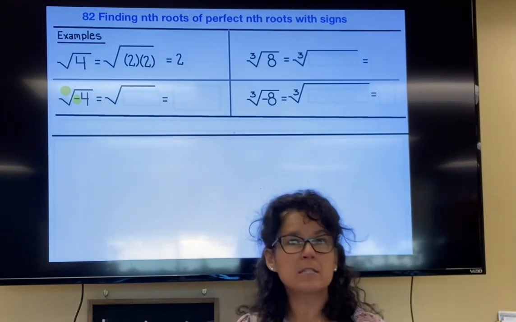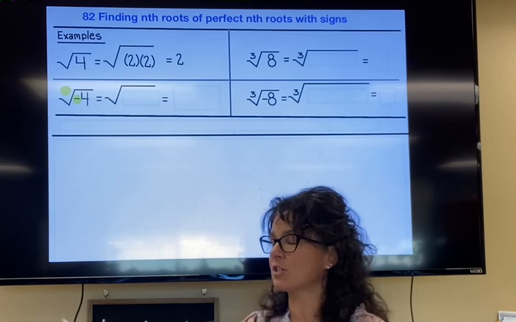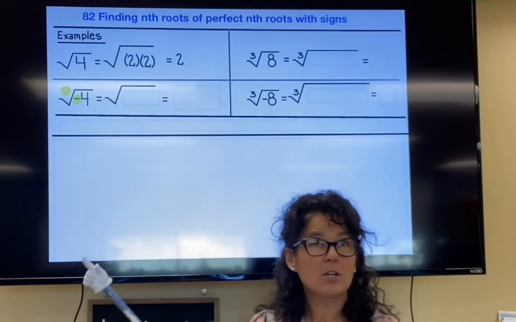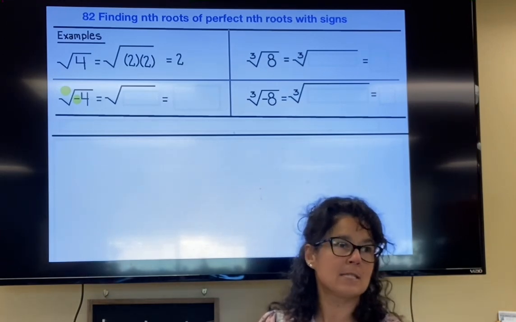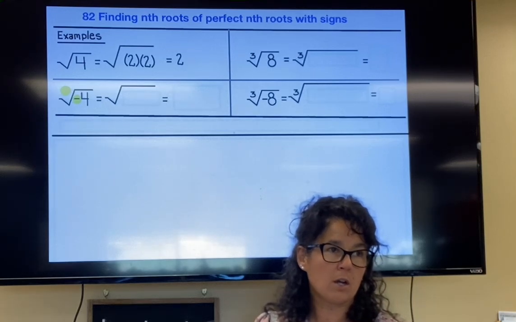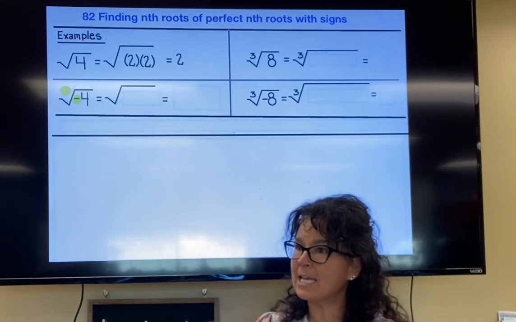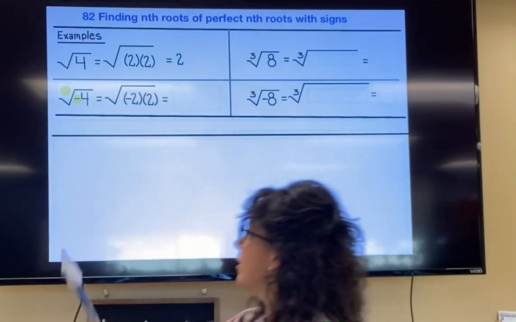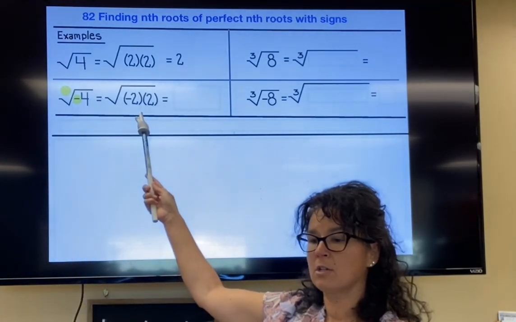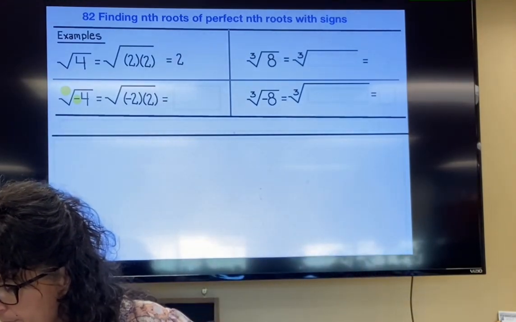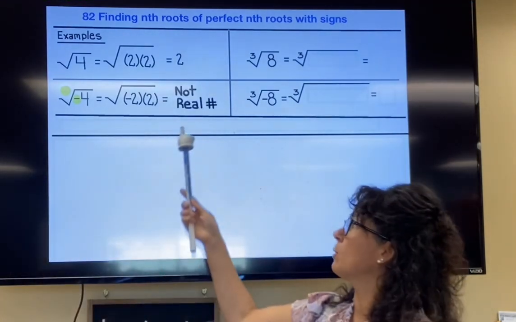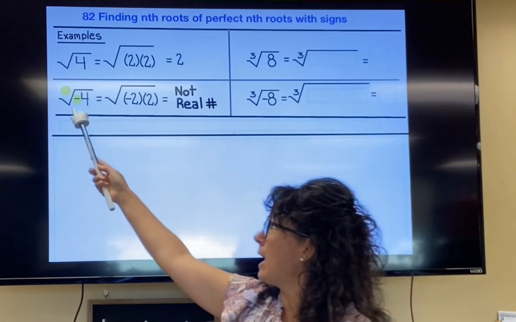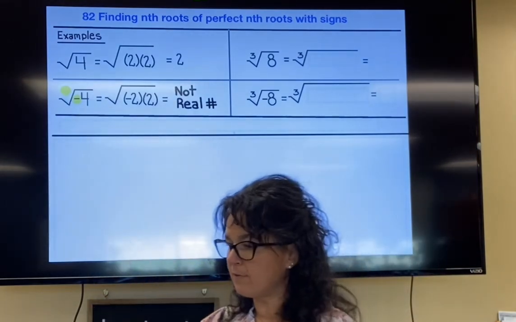Positive 2 times positive 2 is 4, -2 times -2 is 4, positive 2 times -2 is -4, but those two numbers are not identical. And that's why we don't have a real solution when I have an even root of a negative number.